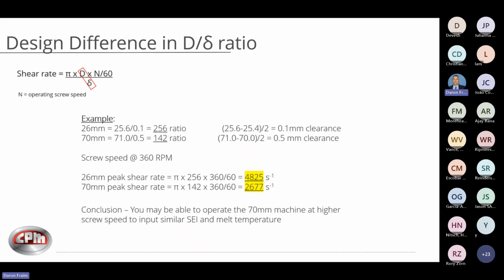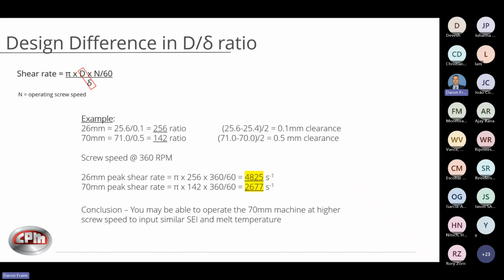But here's an example of a situation where I have a 26 millimeter machine, as we previously calculated, with a 0.1 millimeter clearance, and a 70. When I look at the 70, it's quite different. It's got a 0.5 millimeter clearance. So when I look at that diameter to clearance ratio, it's somewhat different. You can see in this case I'm getting quite a different shear rate on that 70 millimeter.